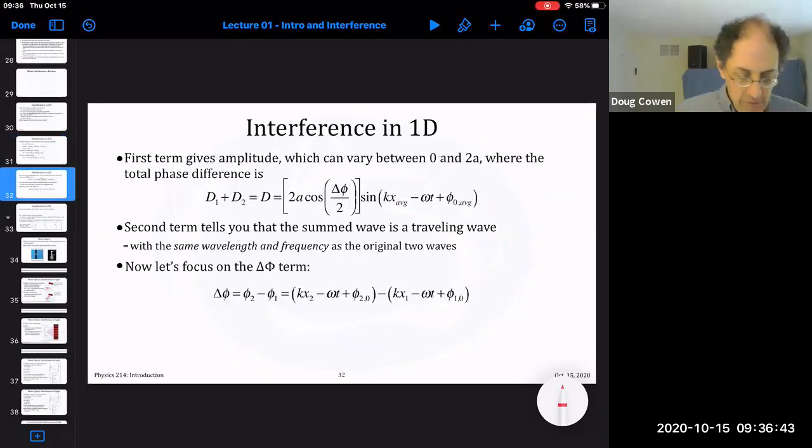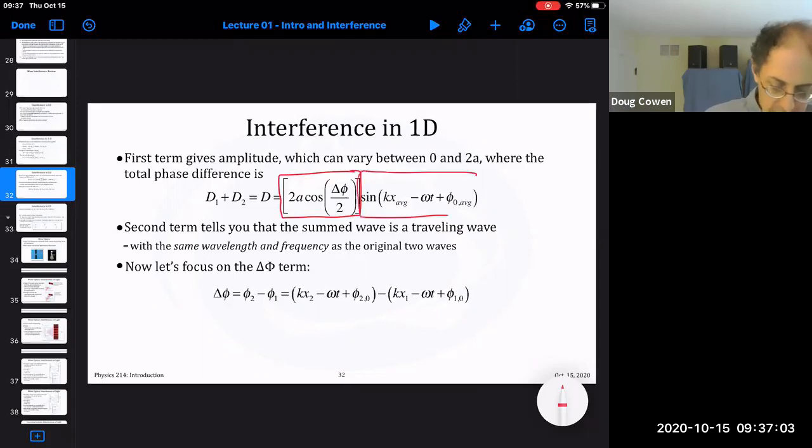The first term in brackets here does not depend on time, and it gives you the total amplitude of the wave everywhere. And the second term has a sine function with this telltale kx minus omega t term, which tells you that this is a traveling wave.